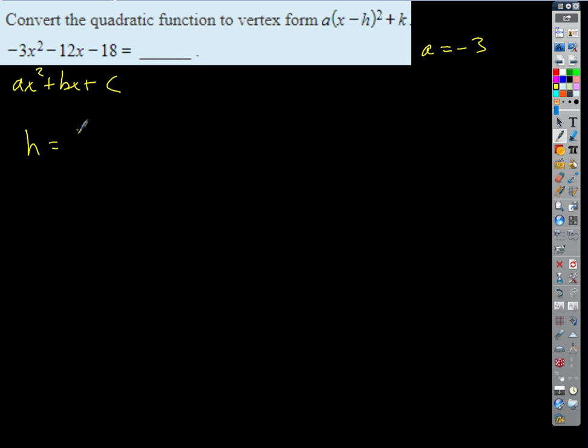In terms of a, b, and c? Negative b over 2a. So what is that? So what's negative b? 12. 2 times a is negative 6. So 12 divided by negative 6 is, good, negative 2. So we know h is negative 2. How do we find k if we have h? k is just the y value. How do I find a y value if I have an x value?